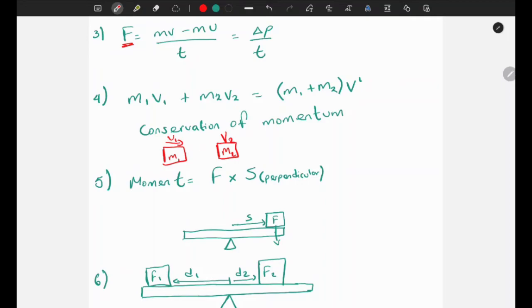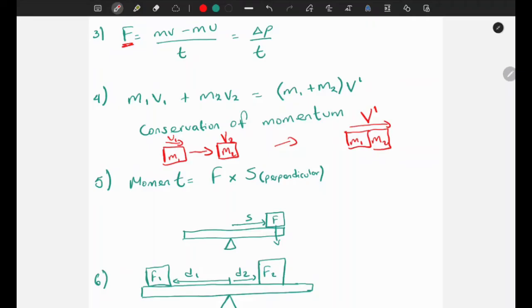And m1 collides with m2. When they collide, let's say after the collision, they stick together. So I have m1 and m2, and they're going at a speed, let's say v prime.